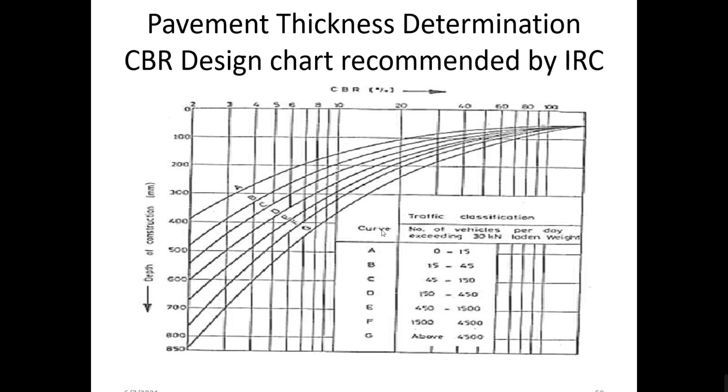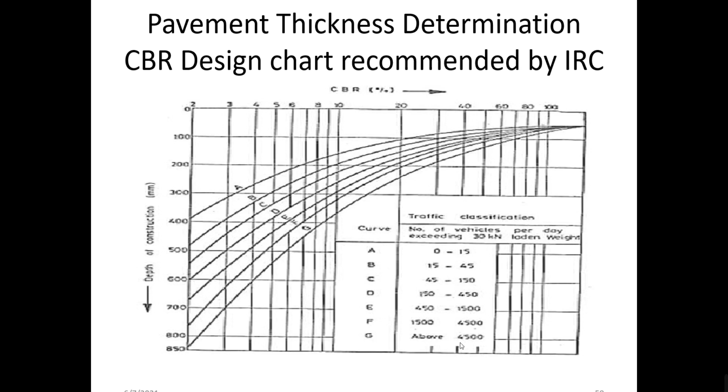There is a traffic classification which you can make out for the different curves like A, B, C, D, E, F, G. For the traffic exceeding 4500, not 4500 kg, sorry, it's a count, the total number of vehicles, the count of vehicles, if they are greater than 4500, then you can refer to curve G.